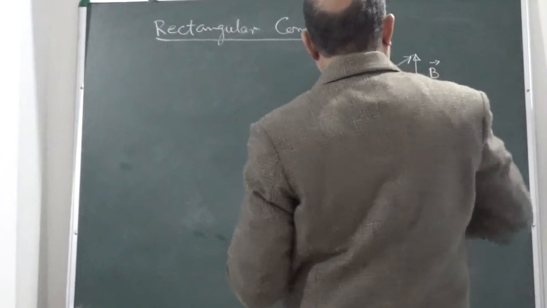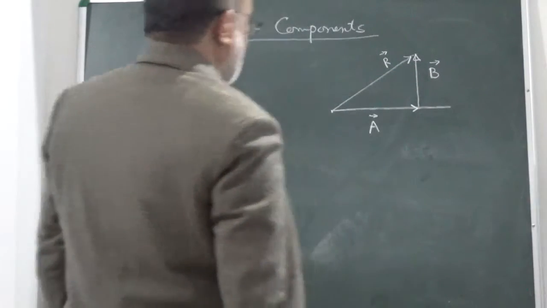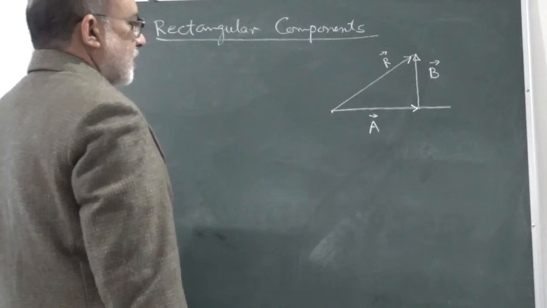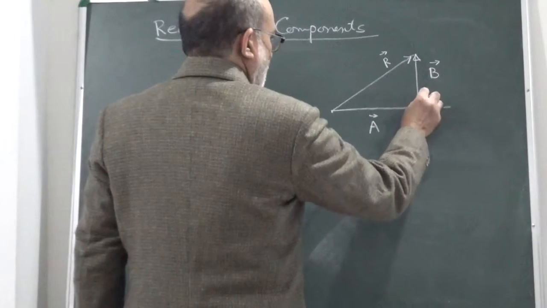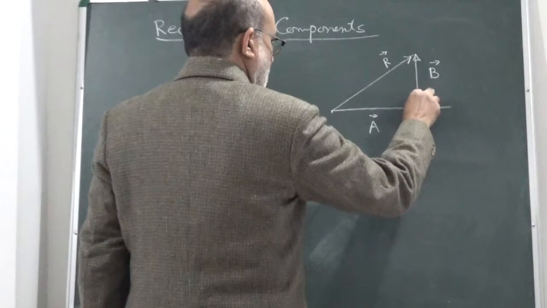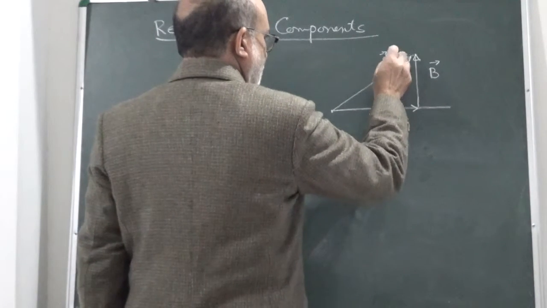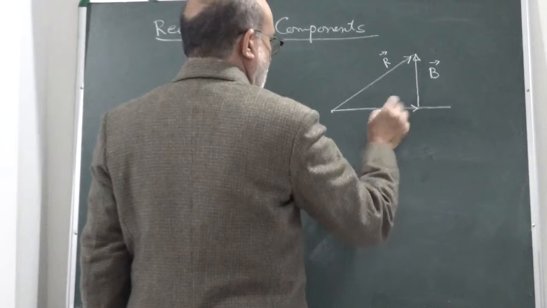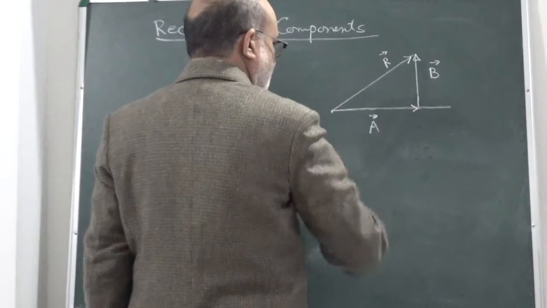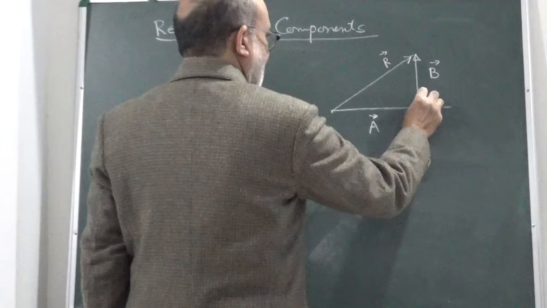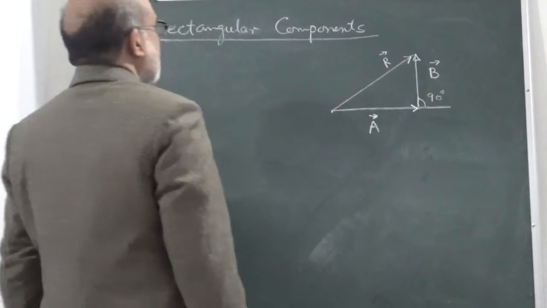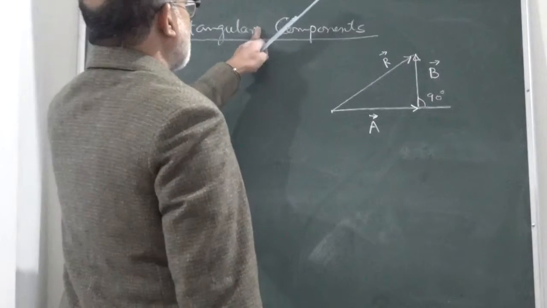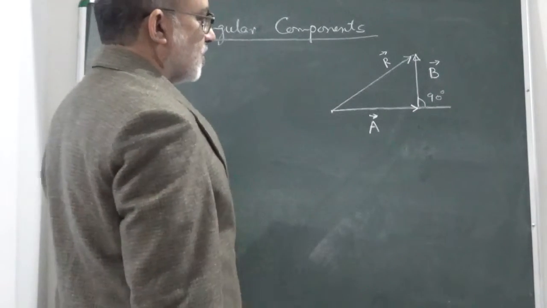Now in this case, if the two vectors are the components of a vector R, and the two components are at right angles to each other, the special name for them is rectangular components, not simple components.